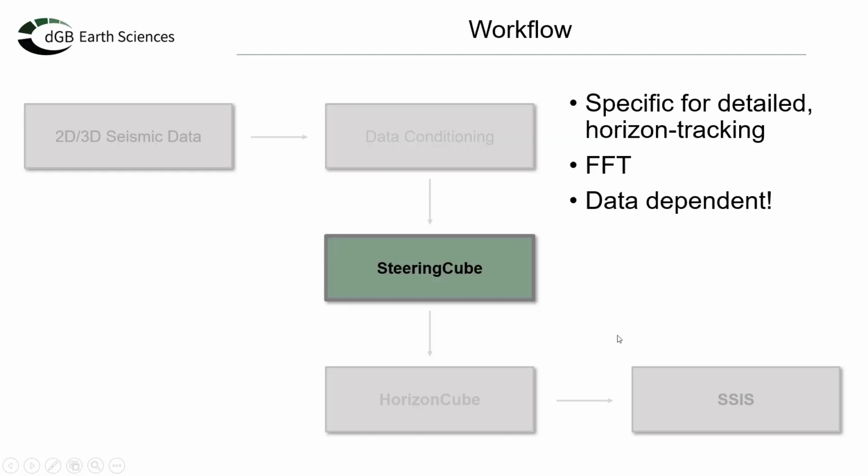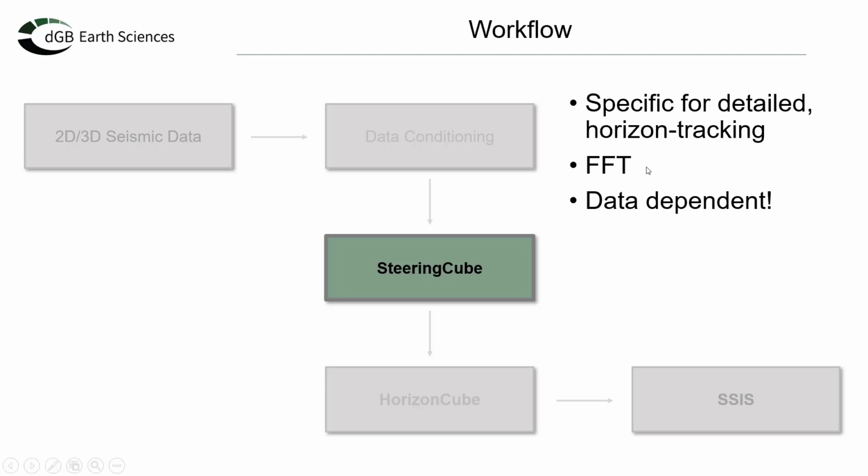Then what we need to do is create again a SteeringCube. So if we have applied data conditioning, we may want to create a SteeringCube again, specific for this workflow, for detailed work, for horizon tracking. In general, many times I would recommend the fast Fourier transform algorithm for this type of SteeringCube.